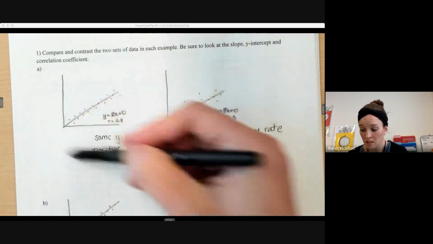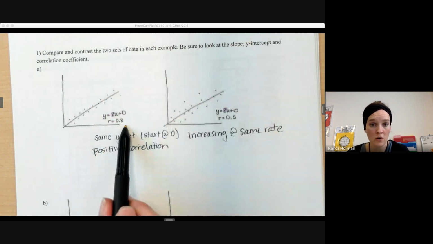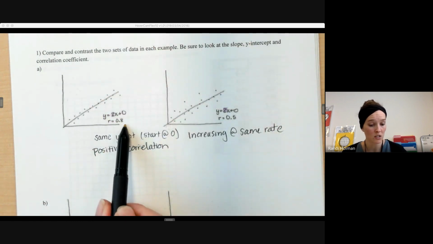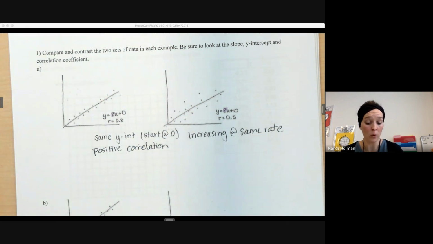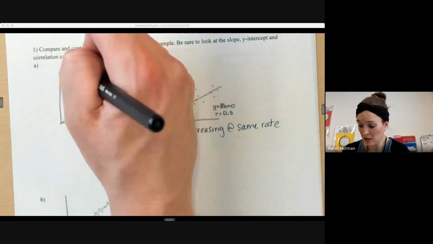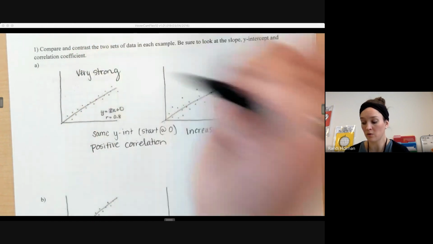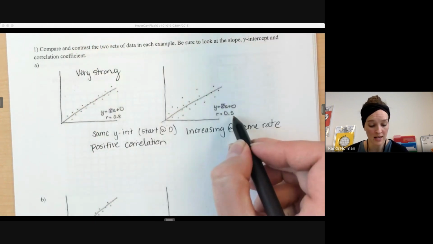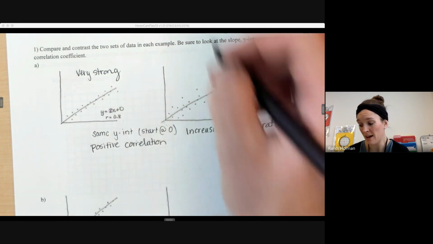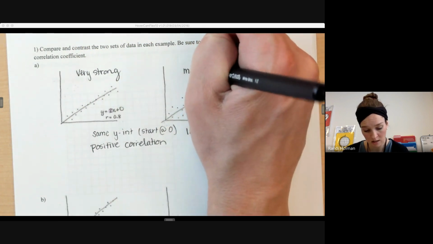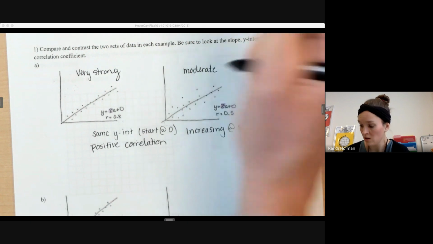However, this graph's correlation coefficient is 0.8, so we would classify that as a very strong positive correlation, whereas this one only has a correlation coefficient of 0.5, so this would be a moderate correlation.